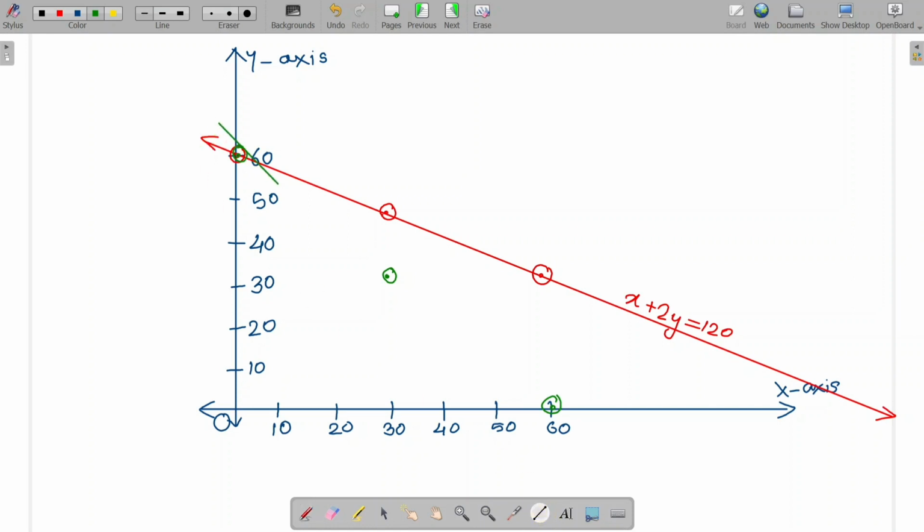So the line will be this. If we name this line, it is x plus y equal to 60.